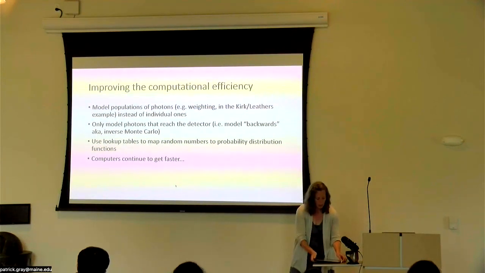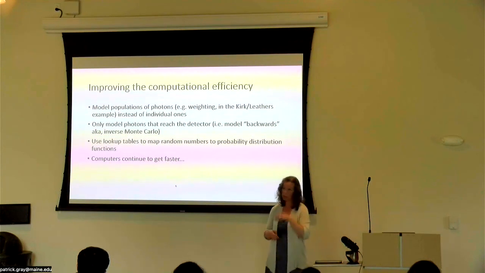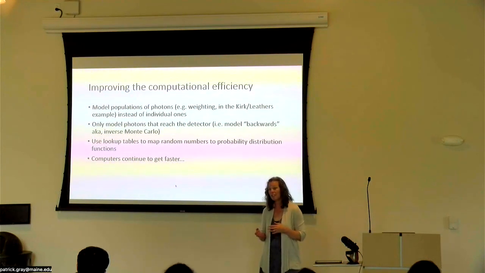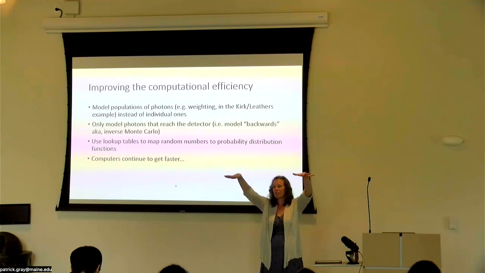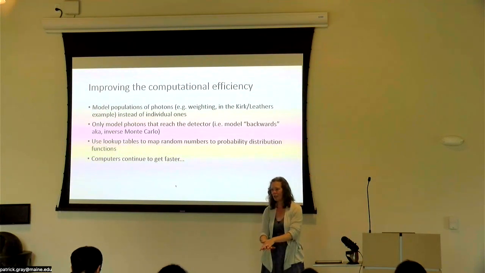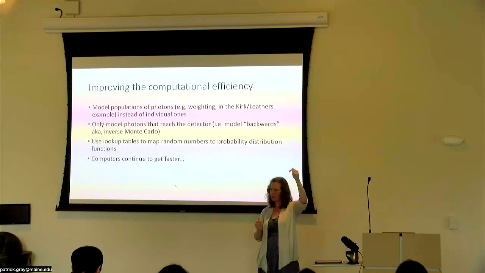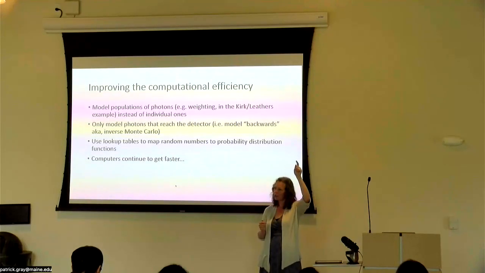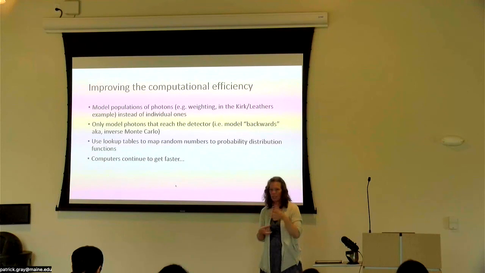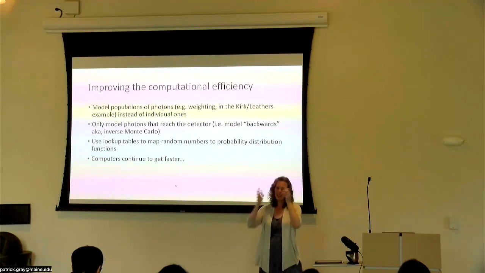Also, one really important technique is sometimes called inverse Monte Carlo modeling. Instead of starting with an initial radiance distribution and following things until they get to a detector, you start from your detector and you model backwards, right? A photon that goes from source to detector can go from detector back to source in the same medium, same IOPs. And so then you're only modeling the ones that are detected, and you can speed things up that way.